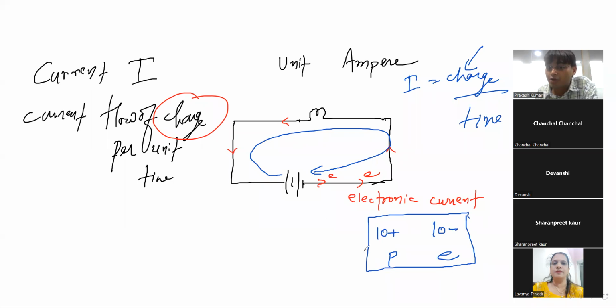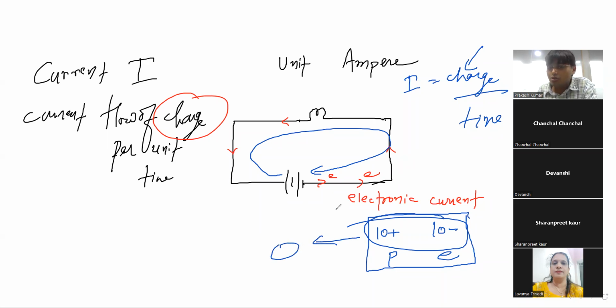What is the net charge on this body which has 10 positive charge and 10 negative charge? If it has 10 positive and 10 negative charge, what is the net charge? Zero.